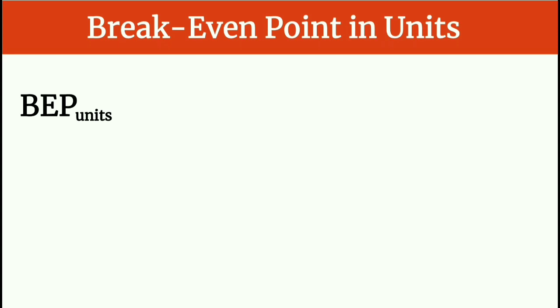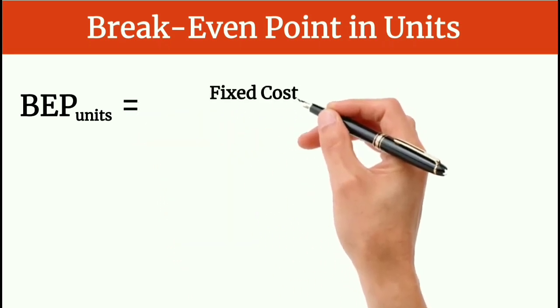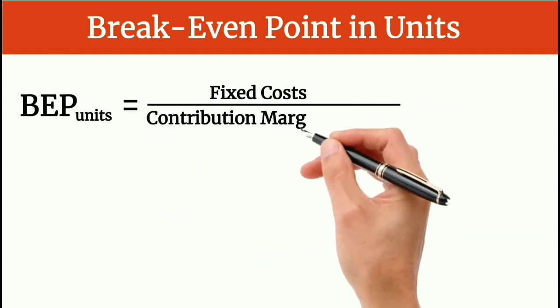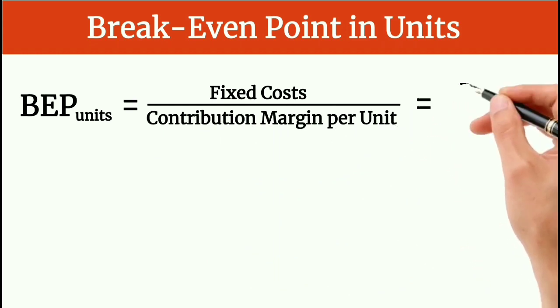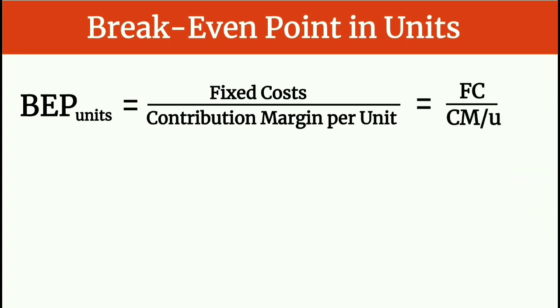Ang formula para makompute yung break-even point in units ay fixed costs divided by contribution margin per unit. Para mas madali, FC divided by CM per U. As you can see, pareho yung numerator ng break-even point in pesos at break-even point in units.